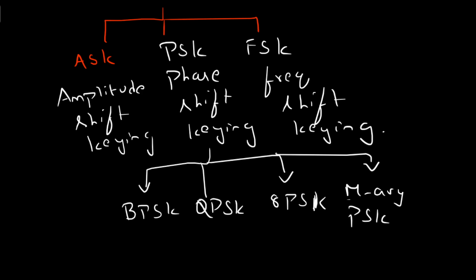It might be 16, 32, whatever it might be. Depending upon your application, you can use the respective number. It looks like 2 power n: 2 power 1, 2 power 2, 2 power 3, and you can make it 2 power 5, 6, whatever. So it depends upon the application.